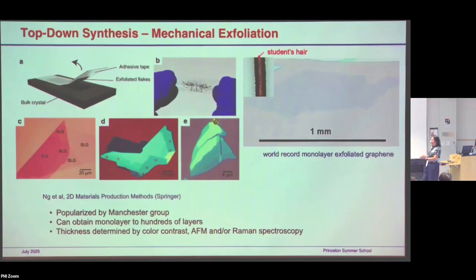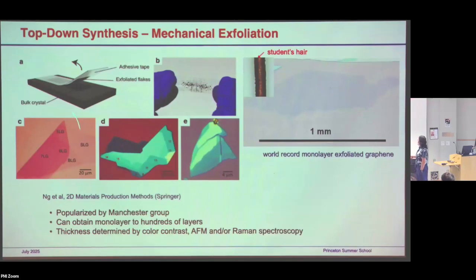The substrate should be either 300 nanometers or 90 nanometers of silicon oxide, so that the interference of the light paths gives you the best contrast for your atomically thin layers.